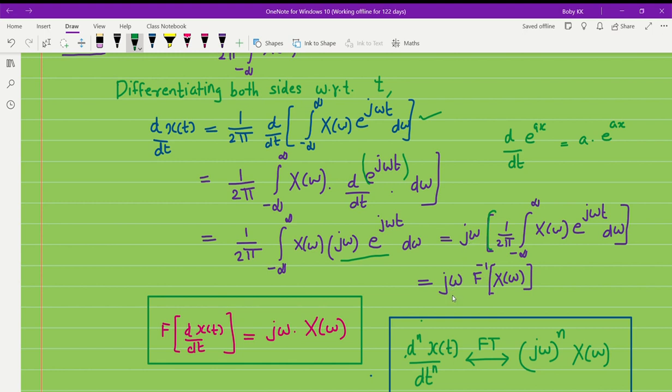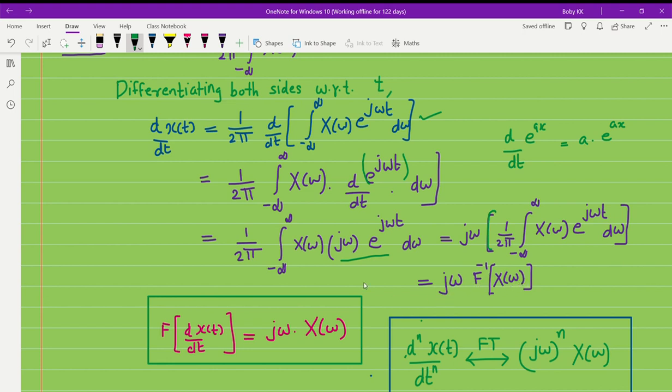So it is expressed as j omega into Fourier inverse of X of omega.